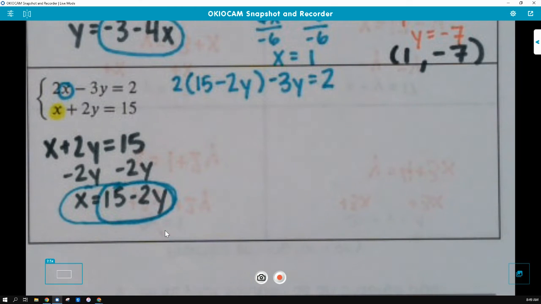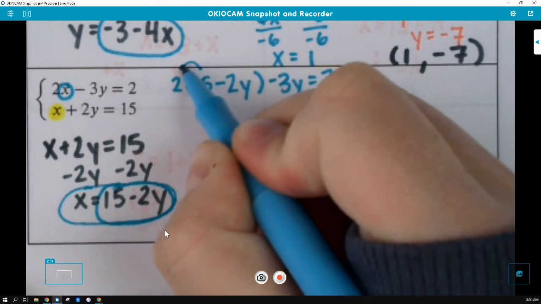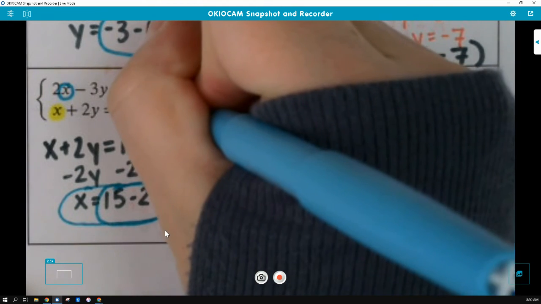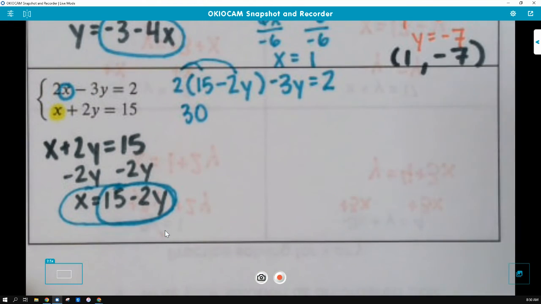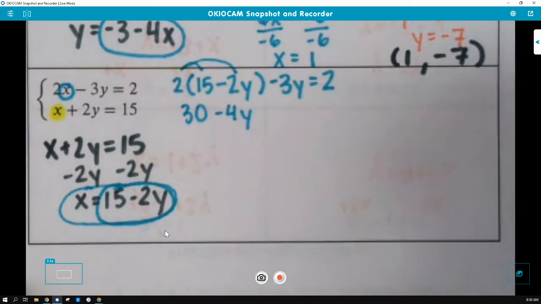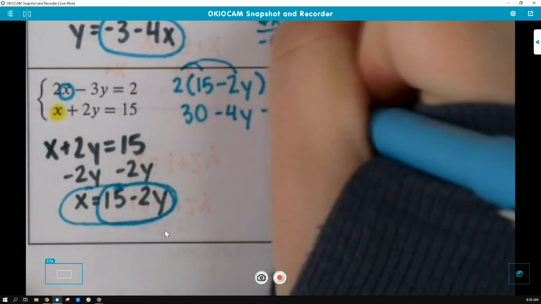From there, we can then distribute. So we'll do 2 times 15, 2 times negative 2. 2 times 15 is 30. 2 times negative 2 is negative 4y. We still have minus 3y equals 2.